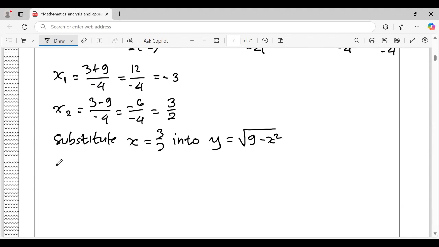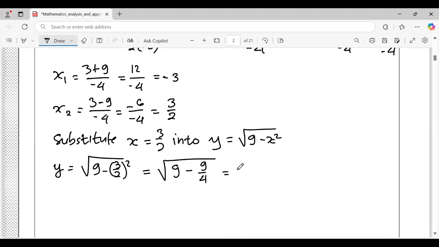It means y equals square root 9 minus 3 half squared, square root 9 minus 9 over 4.